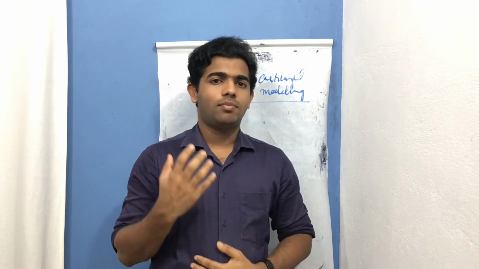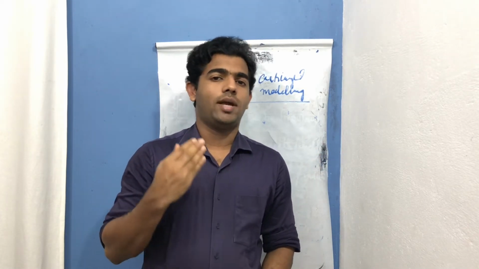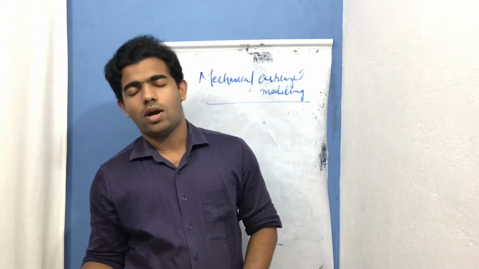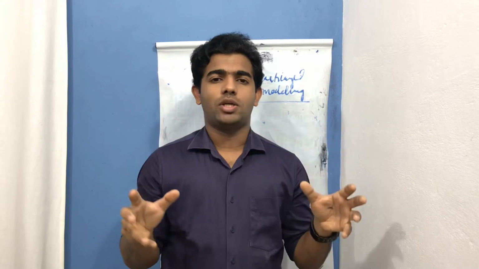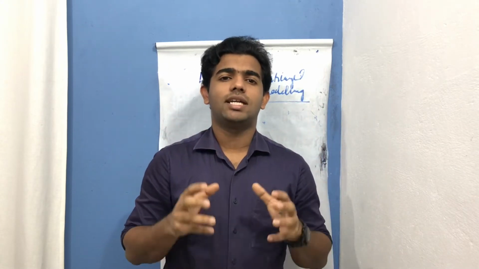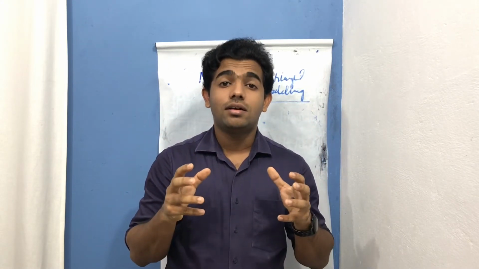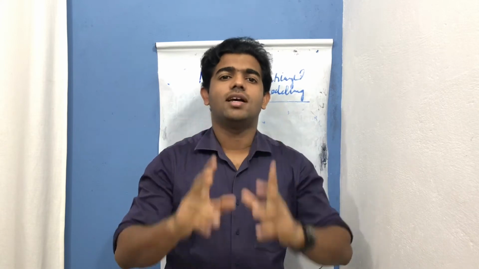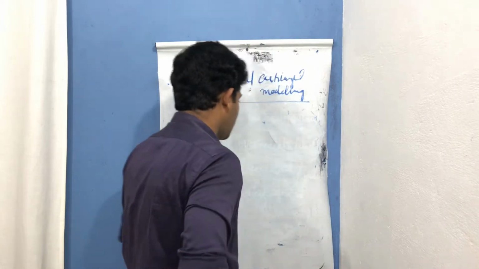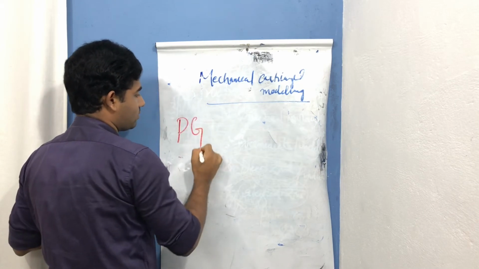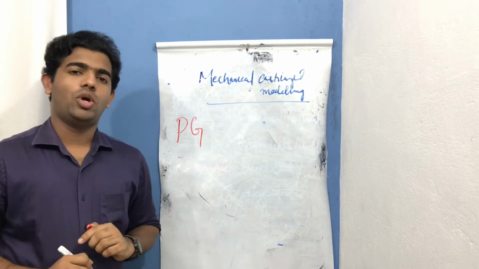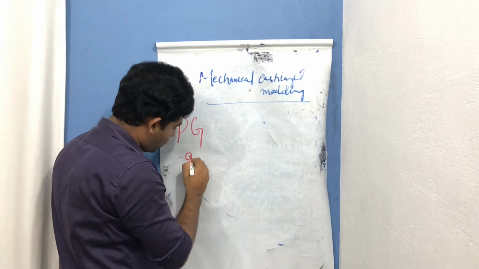So the mechanical property of a cartilage is not a property of either collagen or proteoglycan, but a combined property of all the components that are seen in the articular cartilage, right?